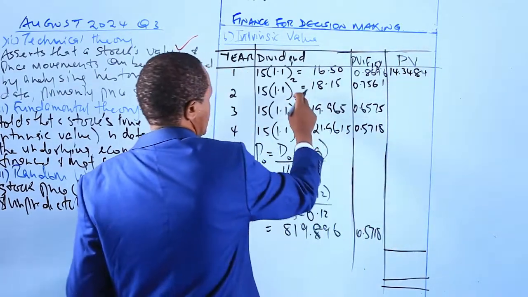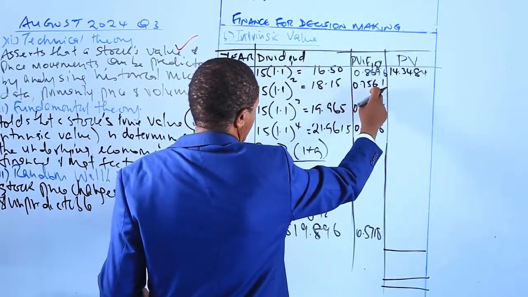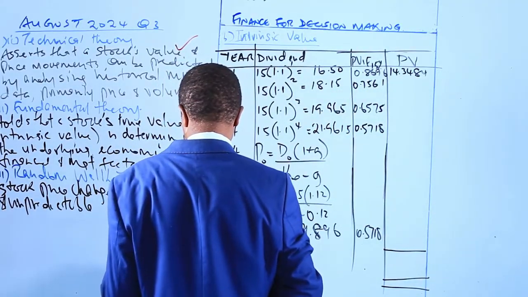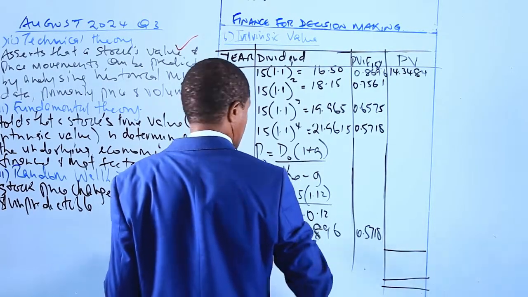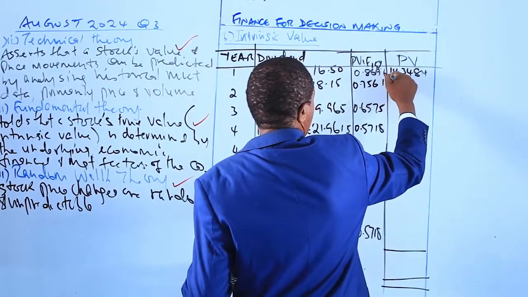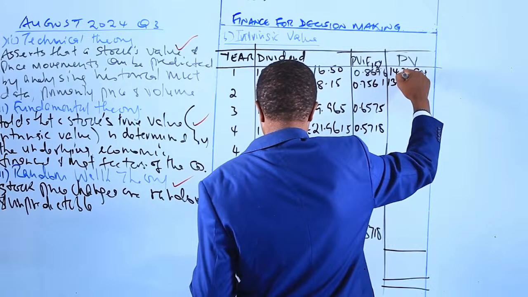Year 2, we multiply 18.15 times 0.7561. This gives us 13.723215.